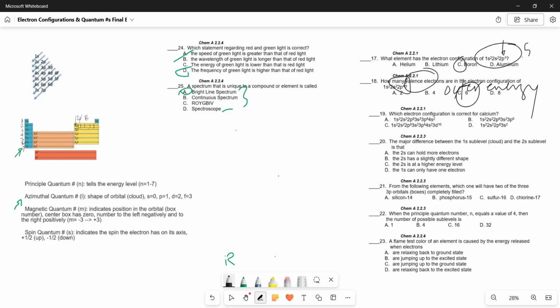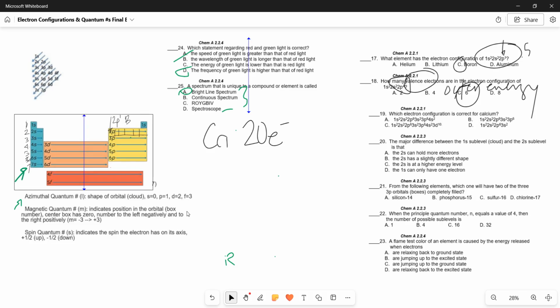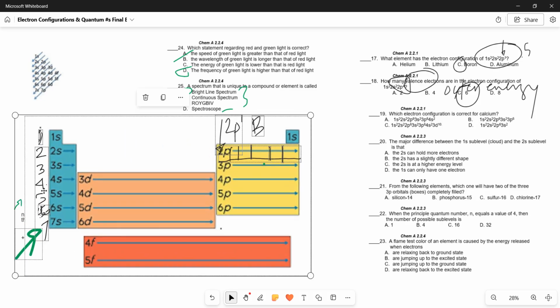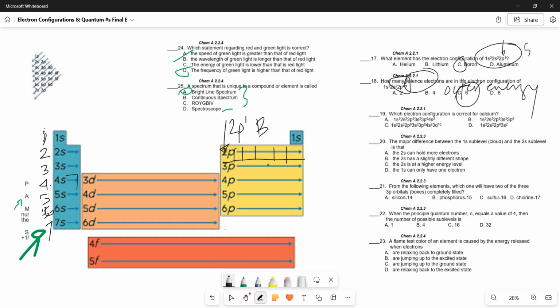19. Which electron configuration is correct for calcium? So if you look calcium up on the periodic table, it has an atomic number of 20, which means it has 20 electrons. It is found in the 4s2, so it's going to be the box that is right here.